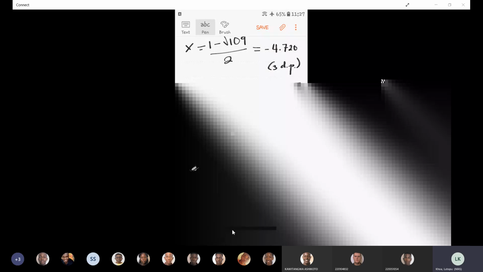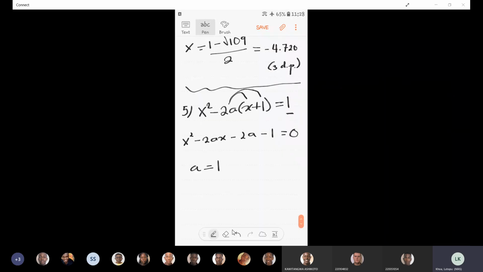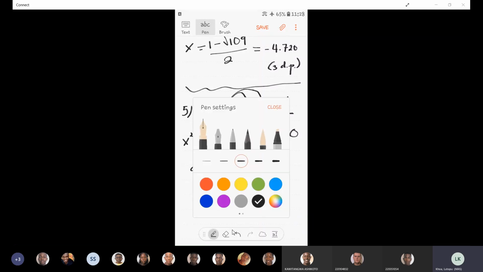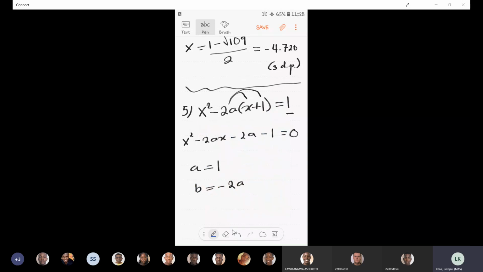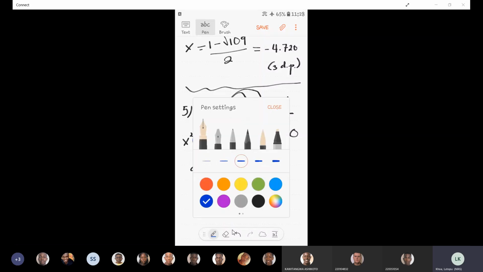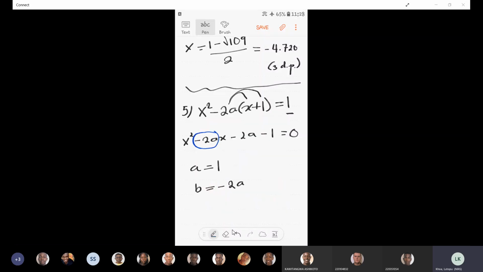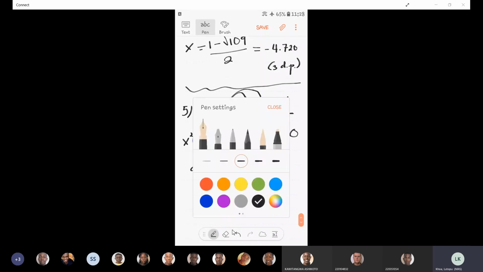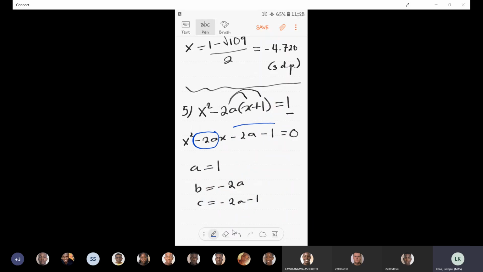So the a, this is 1, my b is negative 2a, so it's the coefficient of x, whatever you have in front of x, it's minus 2a, and then my c is negative 2a minus 1. So the whole of this is a constant because it does not have x attached to it.